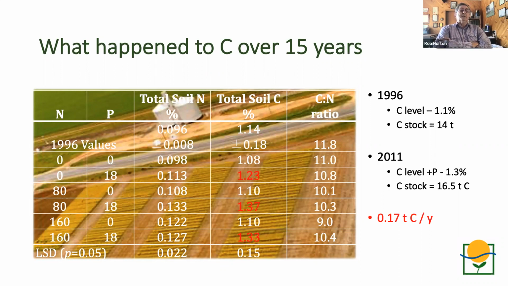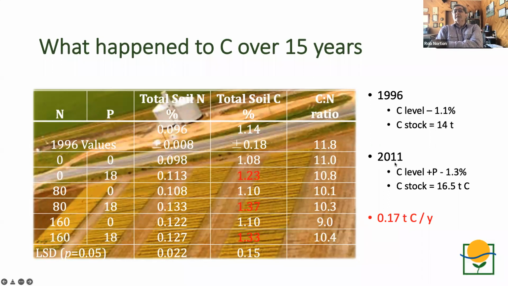In 1996, when the experiment started, the carbon level in the field was 1.1%. So we had a carbon stock of 14 tonne in the top 10 centimetres. I'm just talking the top 10.